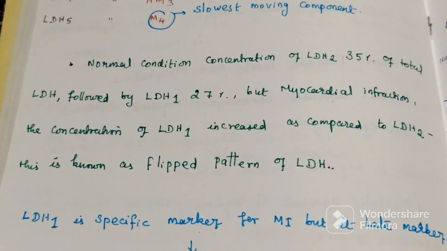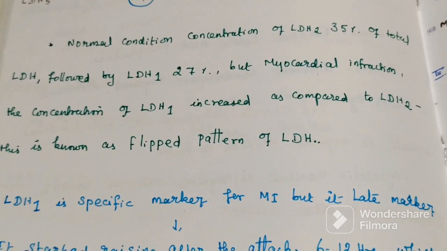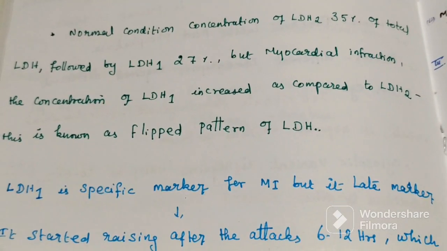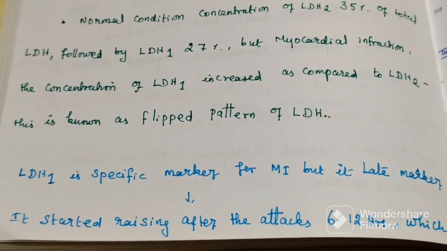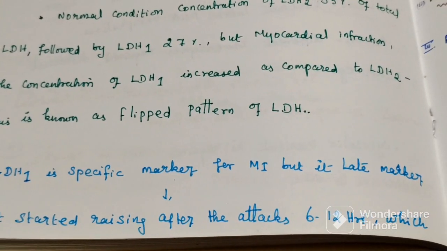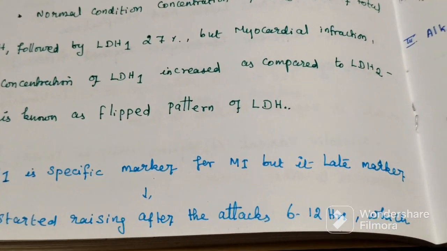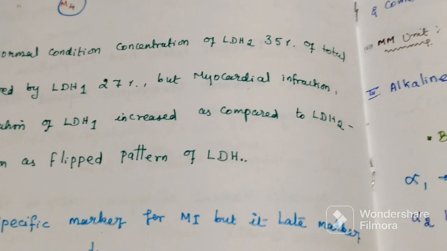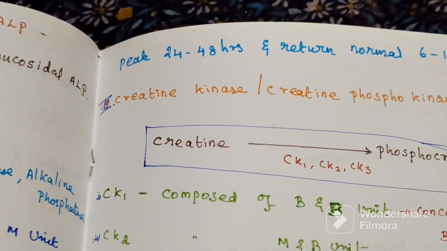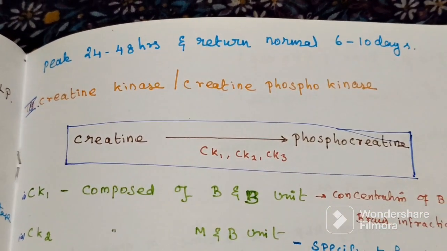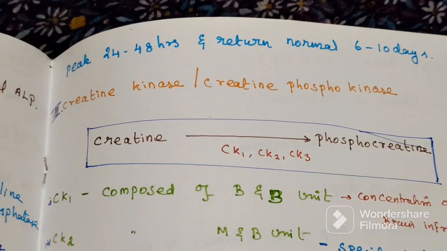LDH1 is the specific marker for myocardial infarction, but it is a late marker, which means it starts rising 6 to 12 hours after the attack, peaks at 24 to 48 hours, and returns to normal in 6 to 10 days.